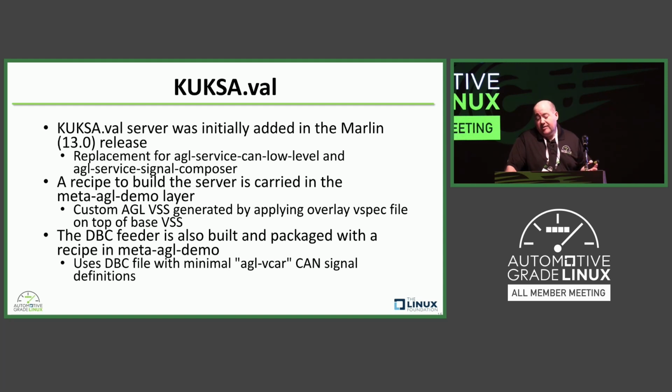And the DBC feeder is built and packaged into images in the demos. As mentioned, there's a very minimal virtual car DBC file that I translated out of the old application framework configuration. It really only has a very minimal signal set. If someone wants to contribute a better CAN definition, please let us know.